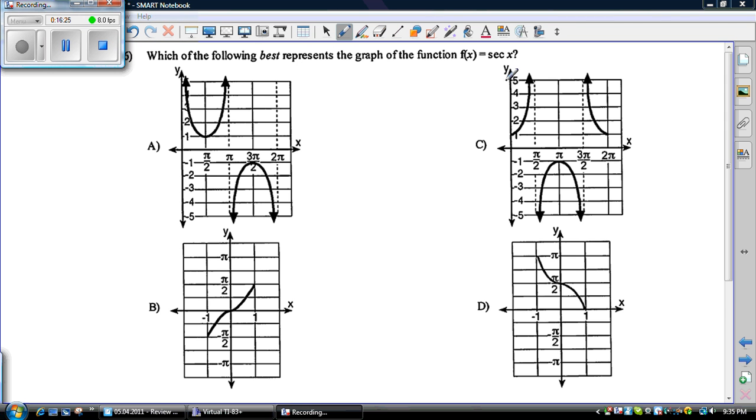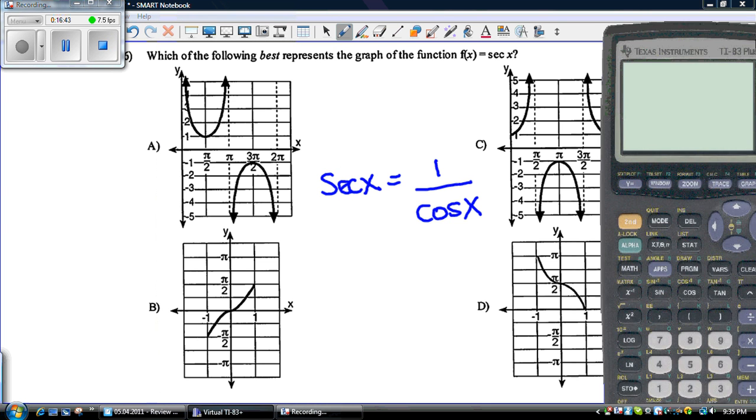Which of the following best represents the graph of secant of x? Let me show you how to do this in your calculator. Secant of x, just so you know, is 1 over the cosine of x. And so we're going to use our calculators to graph that out.